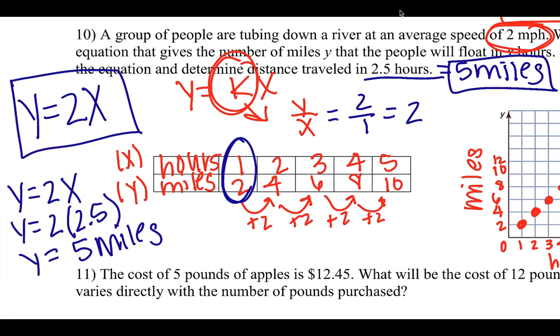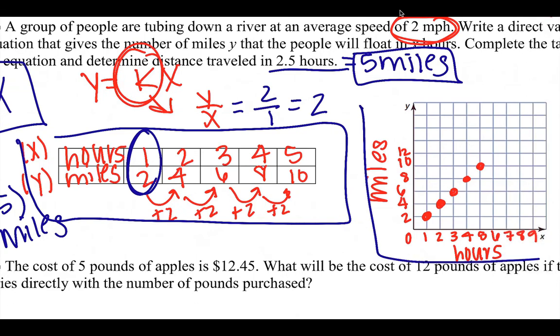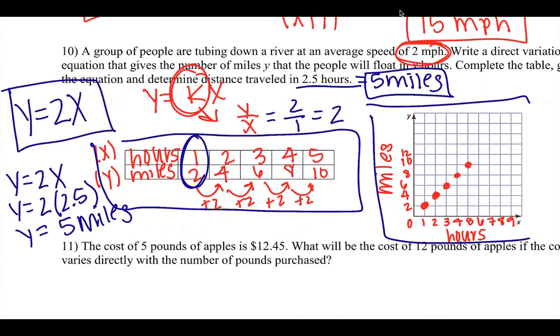There's the equation, here's the table, graph, and then how much in 2.5. So just remembering that equation, y equals kx, and really making sure we remember it's y divided by x for our k.